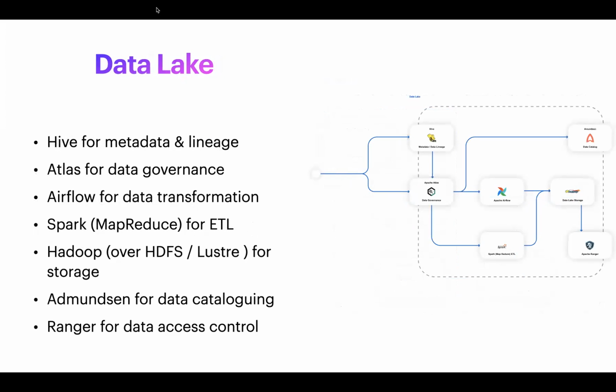And then there was a data lake I built. Again, it had to be cross-platform. A lot of cloud providers provide their own, but this was a generic portable one that anybody else could own if they wanted to reload this solution and manage it on their own farm. It's fairly standard components, but we used Airflow for the orchestration of the data pipeline, Apache Atlas for governance, Spark for the ETL, and Apache Ranger for security.